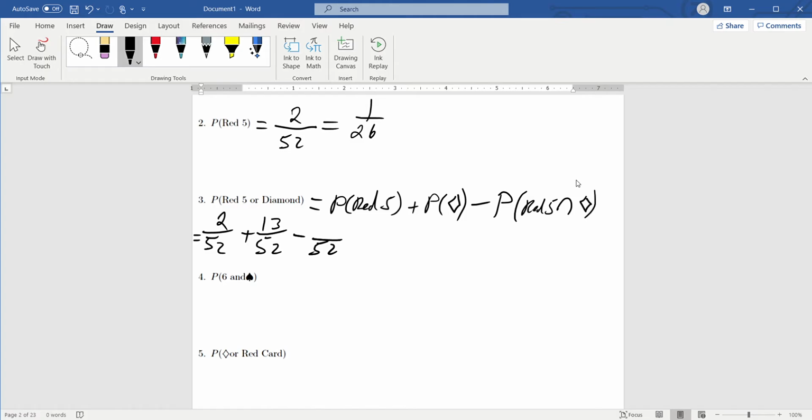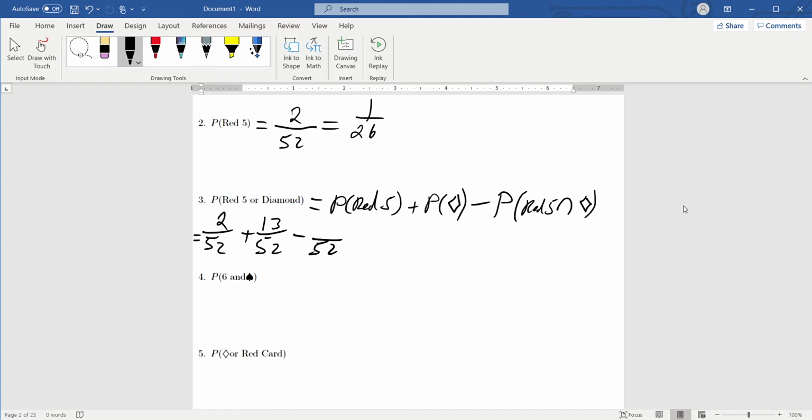Now what's the probability of a red 5 and a diamond? So is there a card that's a red 5 and also a diamond? If so, how many are there? That does happen. It exists. Here's your red 5 that's also a diamond. That's 1 out of 52.